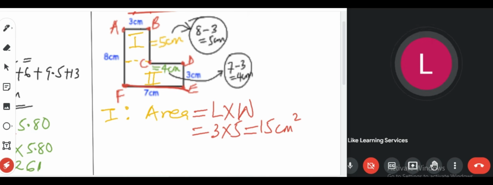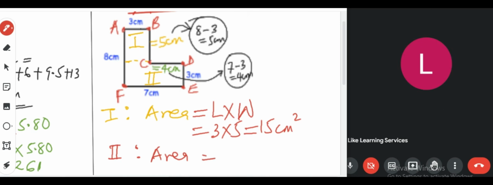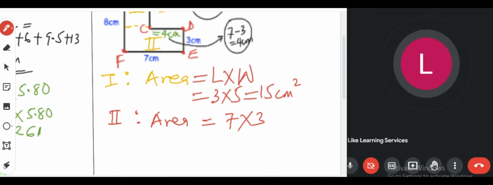We look at the lower one, is this one. The length is 7, the breadth is 3. So for II, the area, we have the length 7, the breadth 3. 7 times 3. And that gives 21.